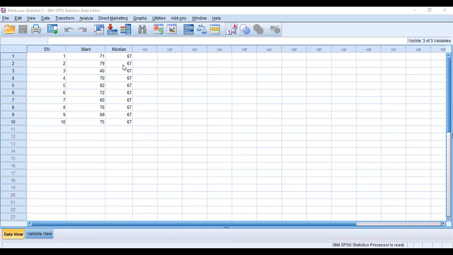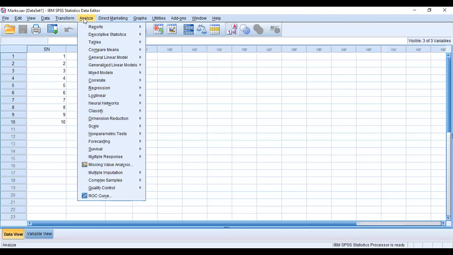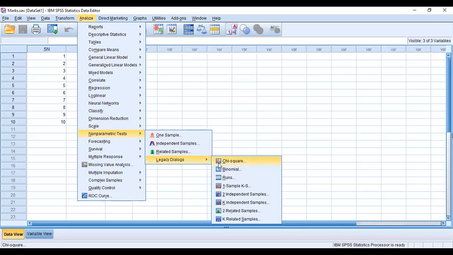So this is the data set. If you see what I told you, for each of them, that median is constant. You have to put it as 64, because it's constant for all of them. So that's the way it works. So we now put analyze, non-parametric, legacy dialogs, then two related samples.